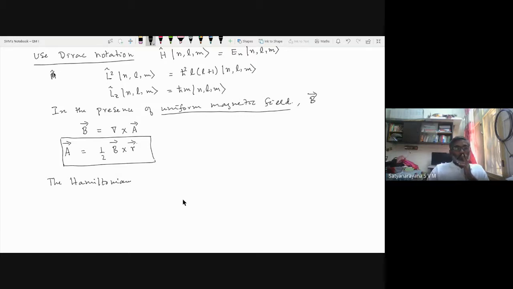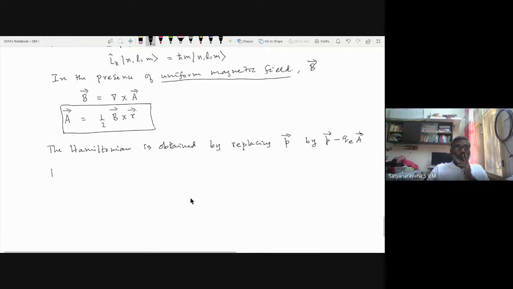So the Hamiltonian is obtained by replacing the momentum vector by p minus q_e A, where q_e is the charge of the electron.